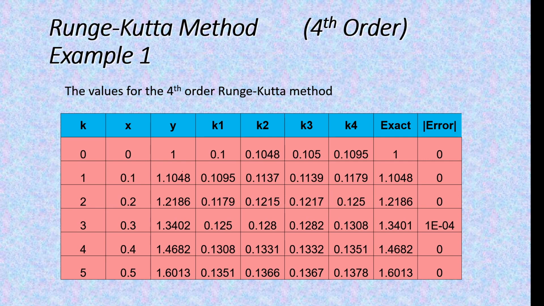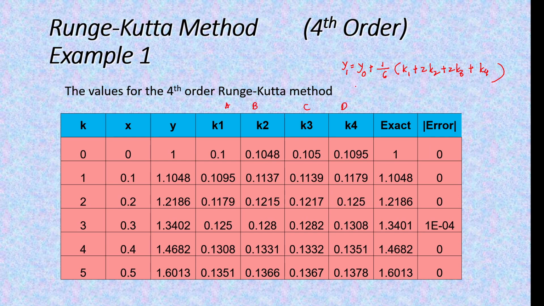Later on, y1 is y naught plus 1 over 6 of k1 plus 2 k2 plus 2 k3 plus k4. Where k1, k2, k3, k4, you can call a, b, c, d.